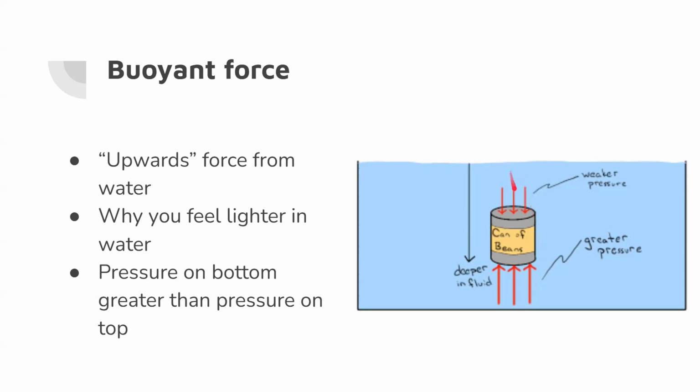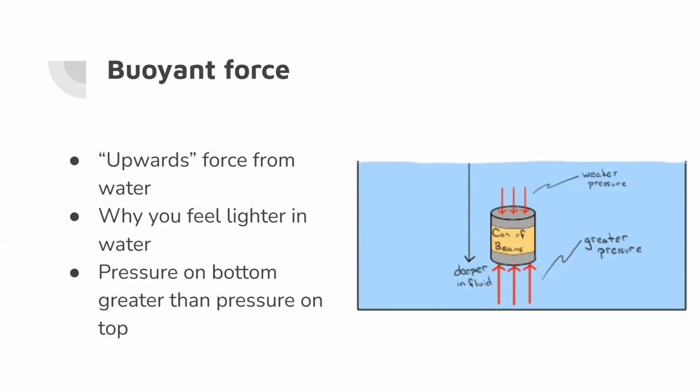There's greater pressure down here, and because of that there is a net force upwards, because this thing has volume. Does that make sense? The pressure at the top will be less than the pressure at the bottom, so the pressure at the bottom is going to push it up.